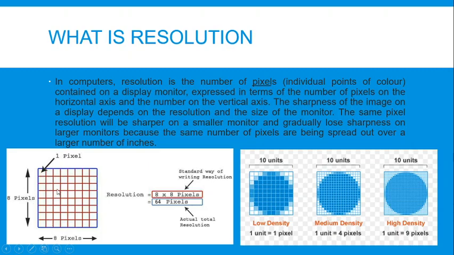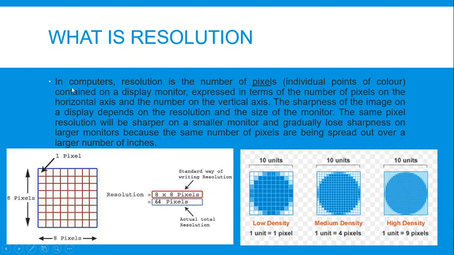So for this region, the resolution will be 64 pixels. The standard way of writing resolution is in this red square, and the actual total resolution is calculated in this blue box. So this is the resolution of this region.